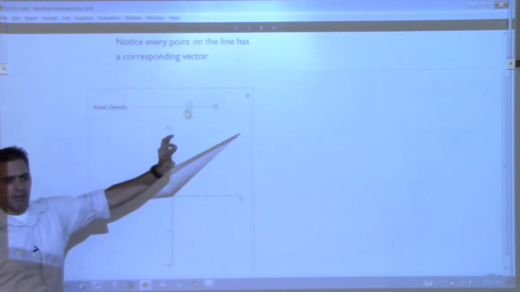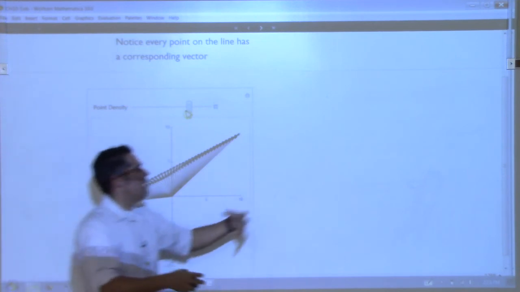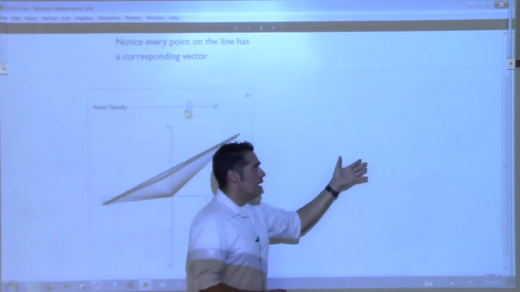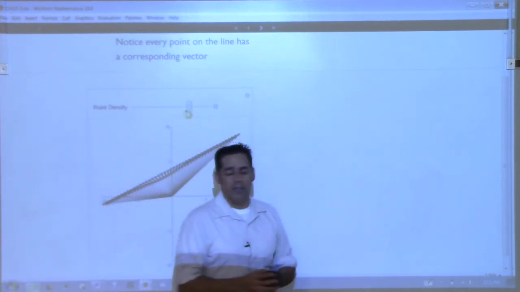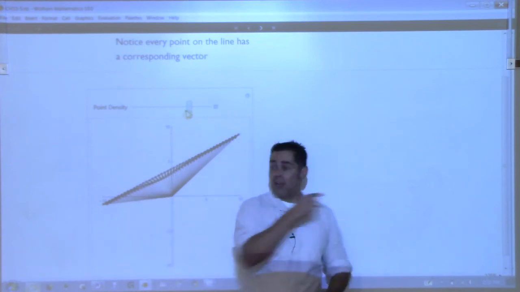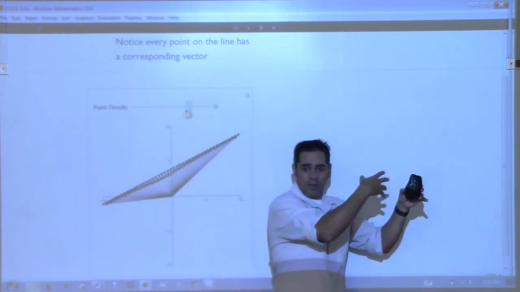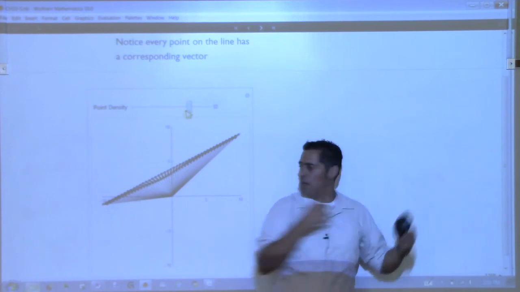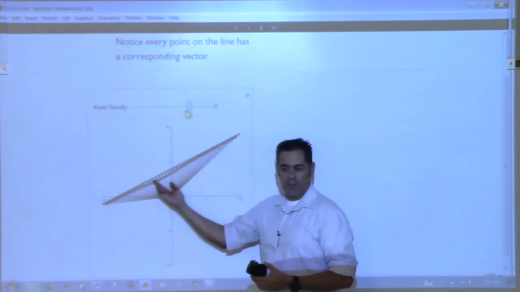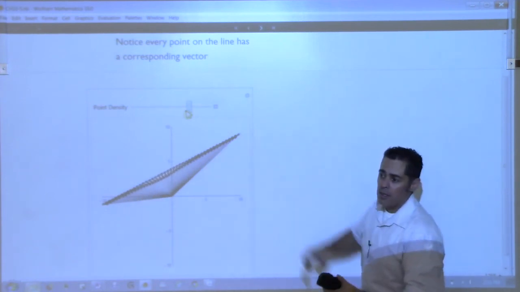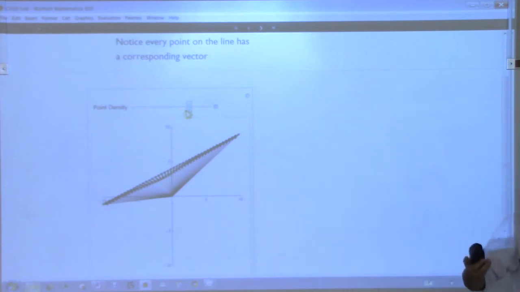Would you agree with that? So if I have some way of having a formula where I plug something in and it draws one of these, and I plug something else in and it draws another one. If I plug in all the different values of some variable in, it draws me all the different vectors, but they all lie on that line. Then I will have created this new equation using vectors to draw a line.